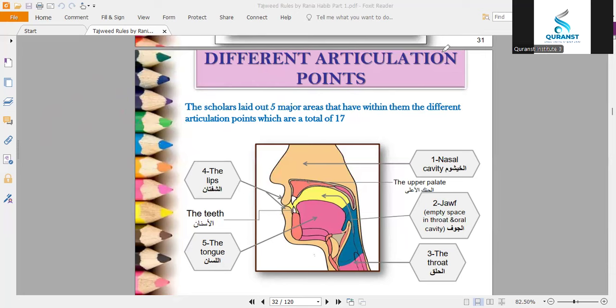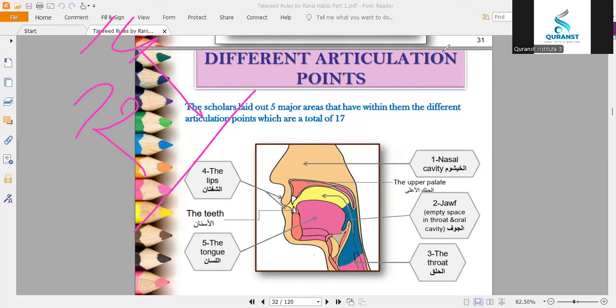For example, to show you, we will use mim with sukoon, and we will put alif with fatha before it to be able to pronounce it, because we can't start with a sukoon letter in the Arabic language. And I will pronounce it while closing my nose with two fingers.